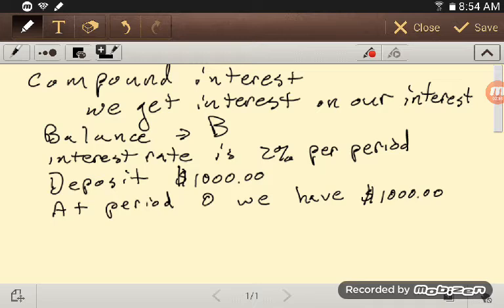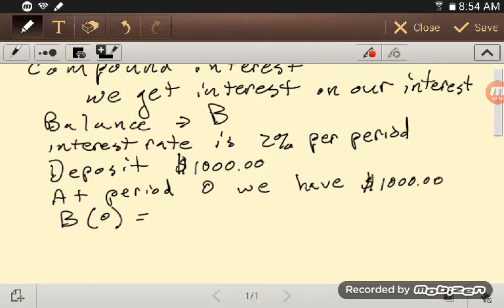We're going to use our function notation and say, okay, our balance B of 0, so at time 0, we're not going to see any x's in here at this point right now. We're just going to say B of 0 is 1,000.